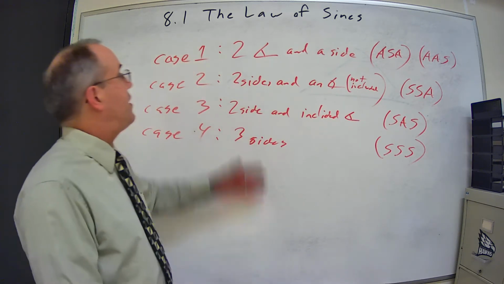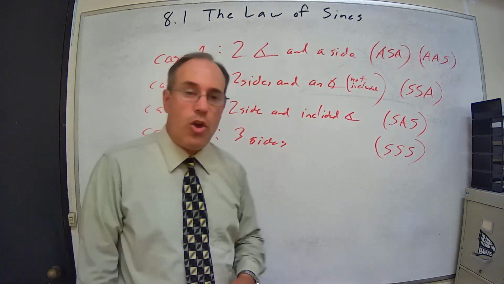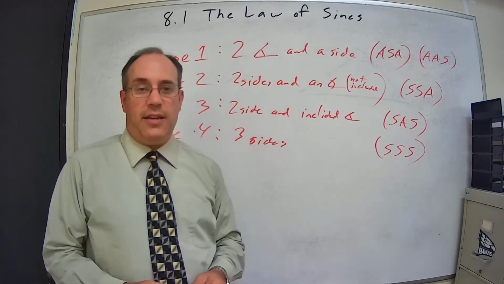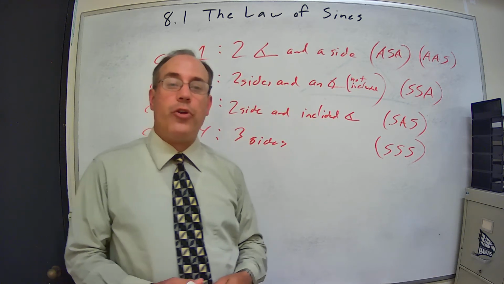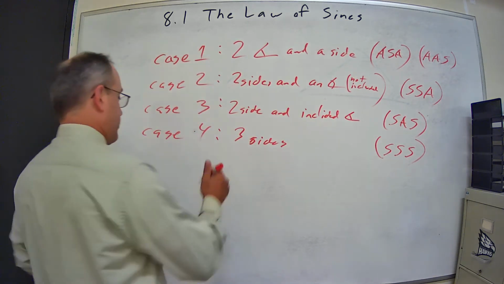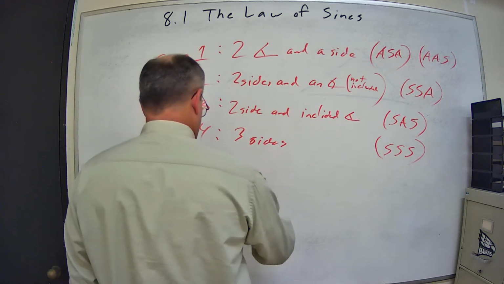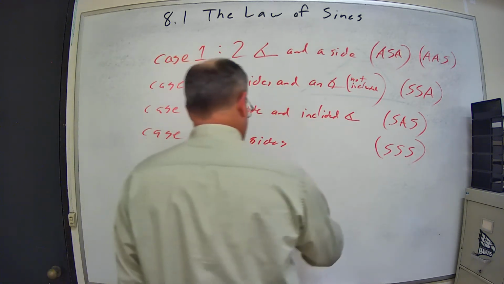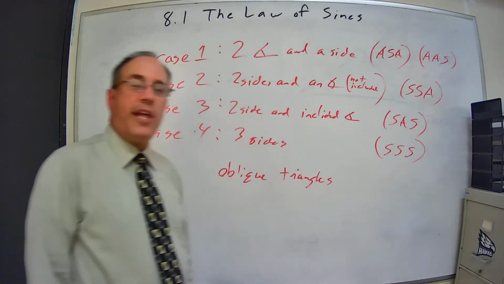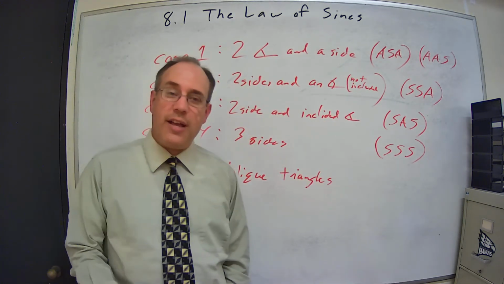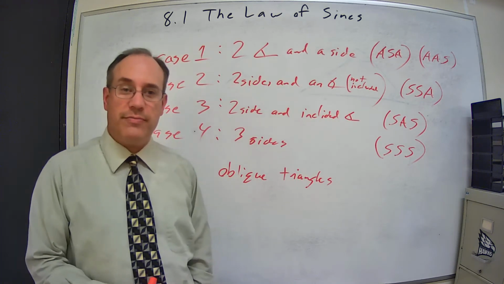Well, the key with the law of sines is we do not have to have right triangles. We can have what are called oblique triangles. An oblique triangle is any triangle that is not a right triangle.